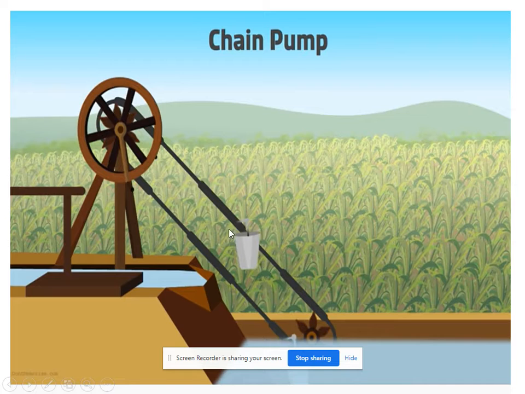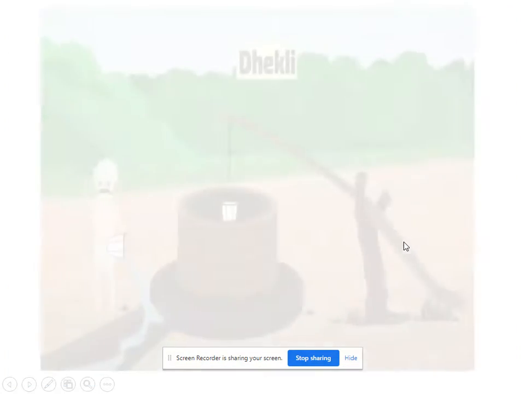The water buckets are connected with this chain, and as the wheel starts rotating, the bucket will dip in the water, carry water, and drop it in this canal, and through this canal the water is supplied throughout the field. So this is the chain pump.